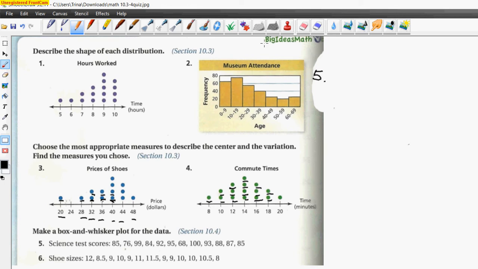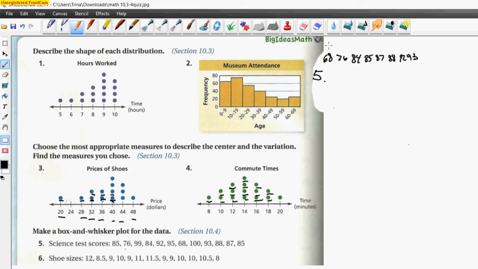So we're going to write down here 68. Okay. We're going to write 76. All right. We're going to write 84. We're going to write 85. We're going to write 87. We're going to write, of course, 88. We're going to write, of course, 92 and 93.